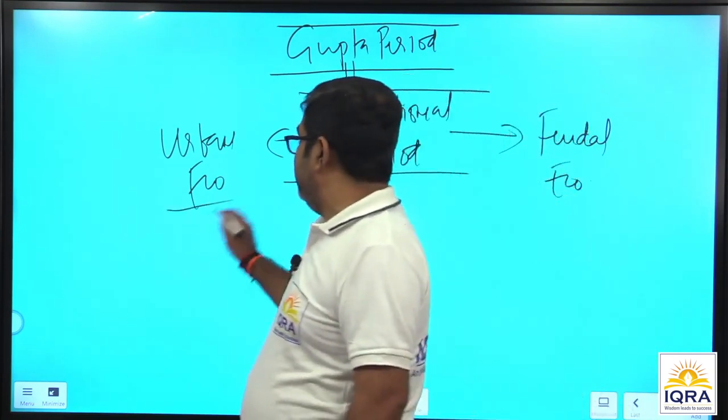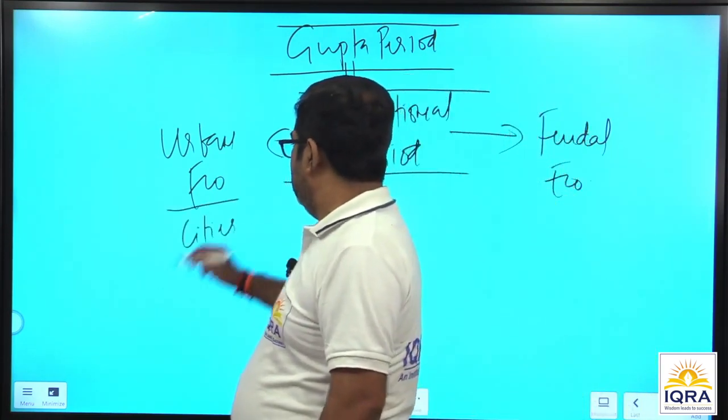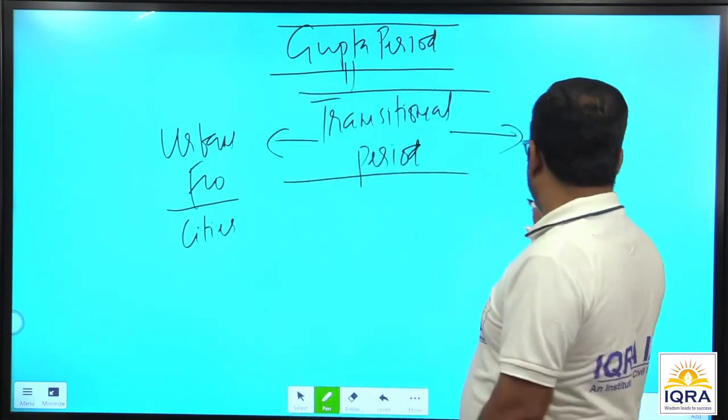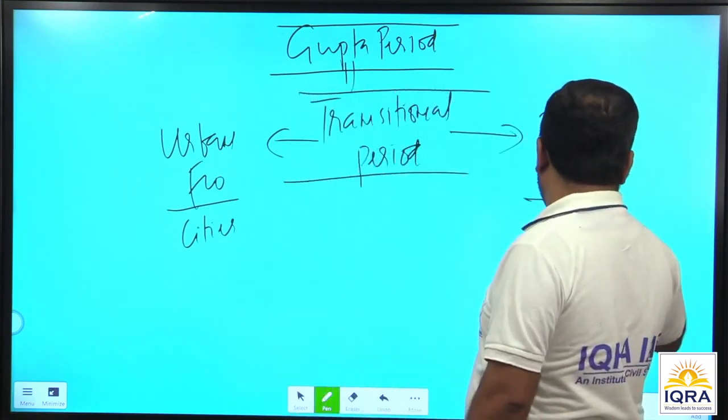Urban economy is based on cities and feudal economy is based on villages.